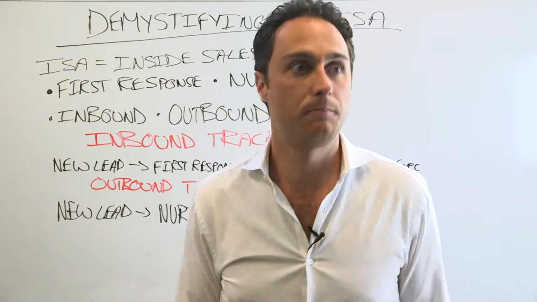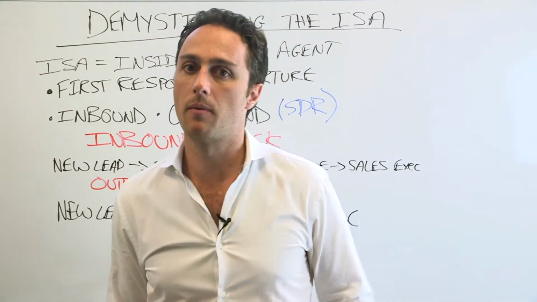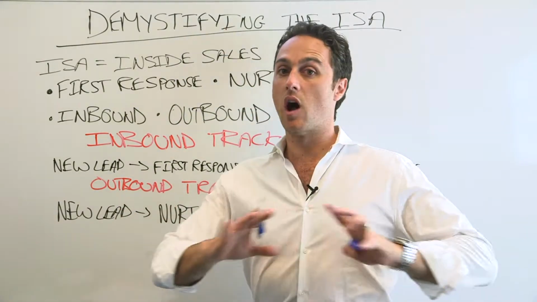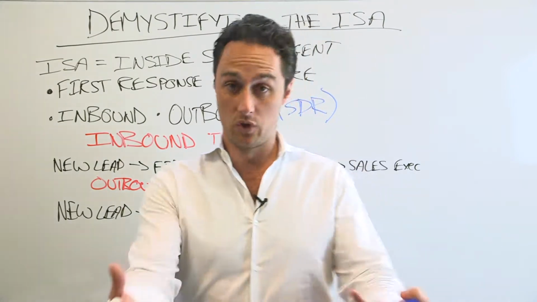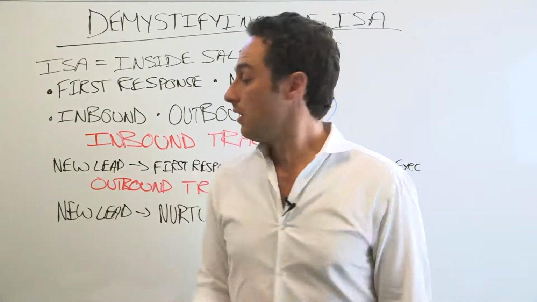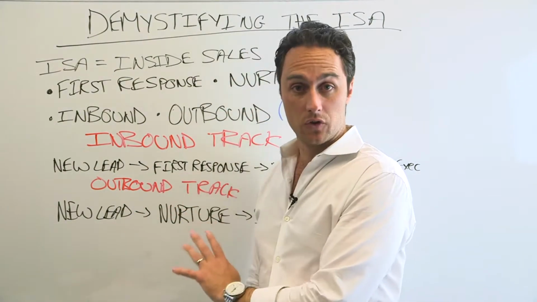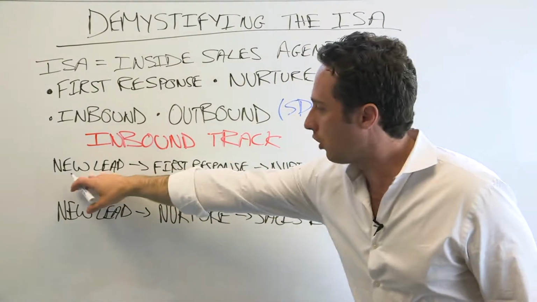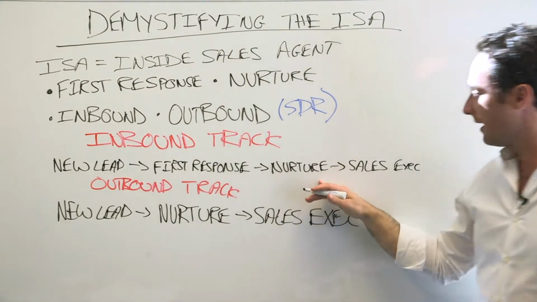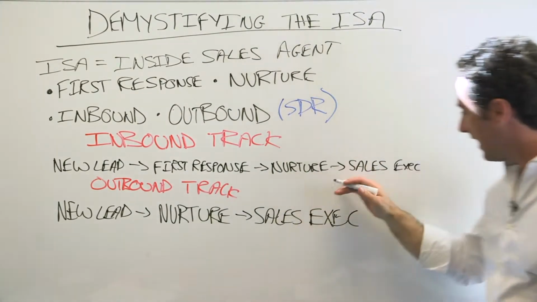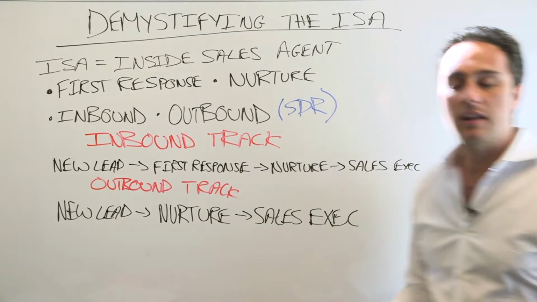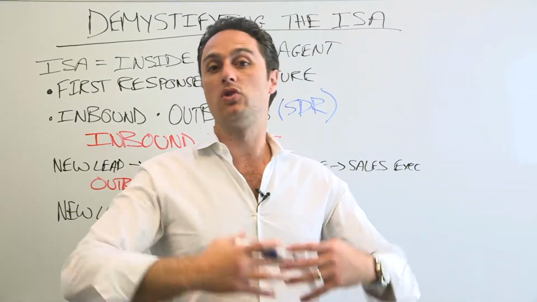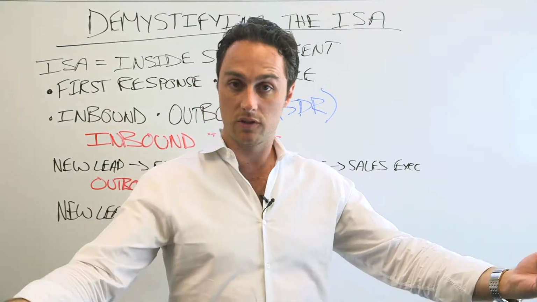Most, as we know, especially buyer leads, are six months out, a year out, and so there has to be a phenomenal lead management policy, which of course we teach here, to nurture all those leads to the point where an appointment is set and they go to a sales executive. Now again, sales executive is non-realtor speak. It's what most any other industry would refer to that as.